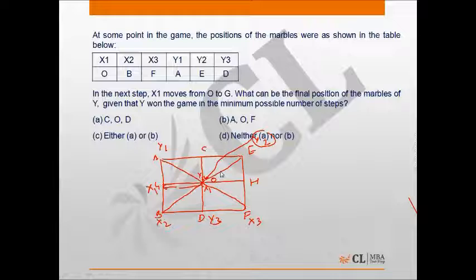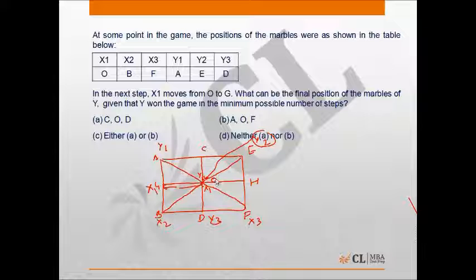So the minimum number of steps required for Y to win the game is 2, and that can be achieved in a couple of ways. So in this step after X moves his marble from O to G, Y should move his marble from E to O in order to make sure he wins the game in the minimum number of steps.